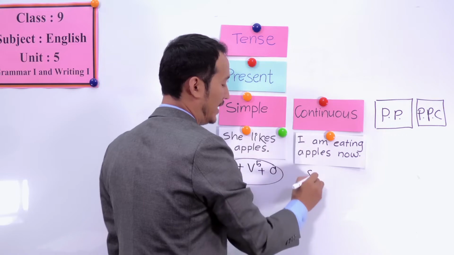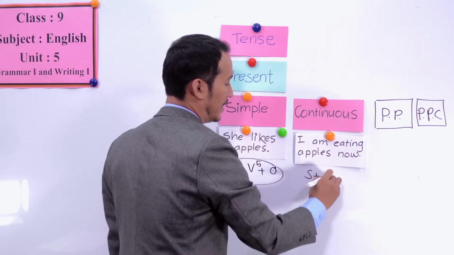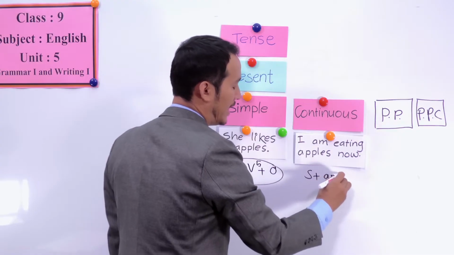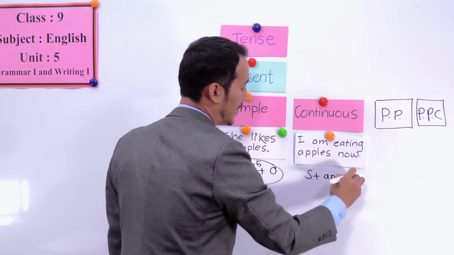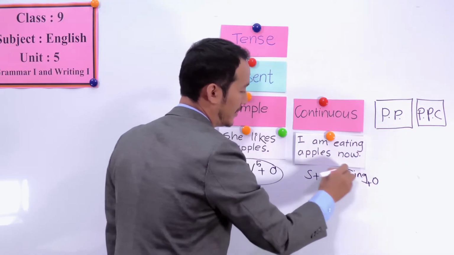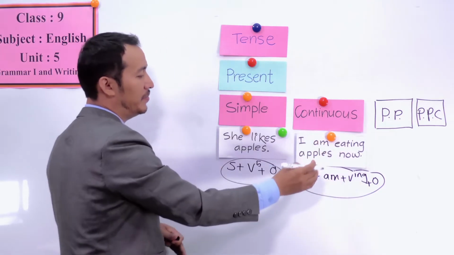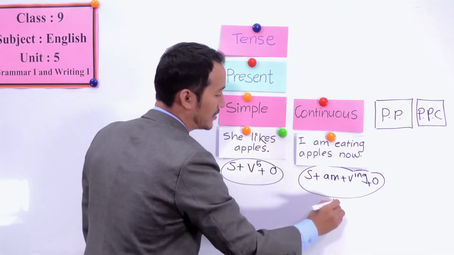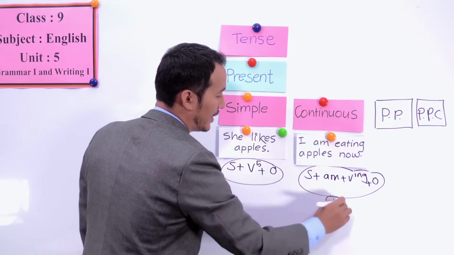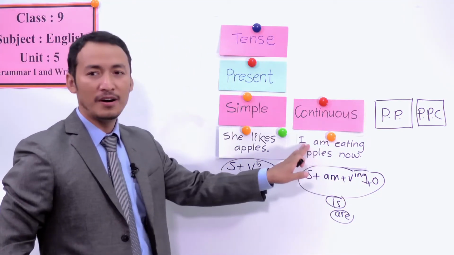We have I as the subject and am as the auxiliary verb, and we have verb ing, and then we have object. Okay, this is the structure. Sometimes instead of am, we can have is or are according to the subject in auxiliary verb position.